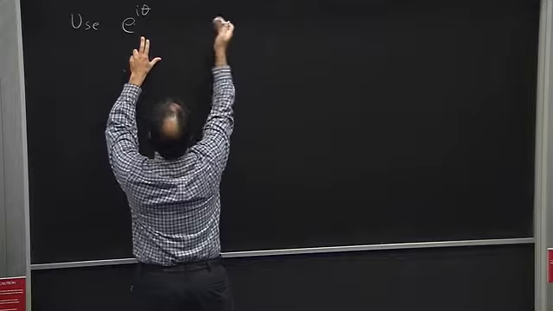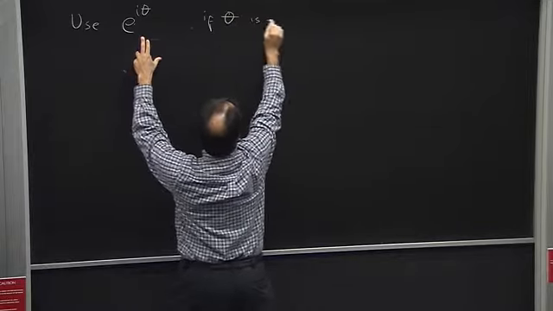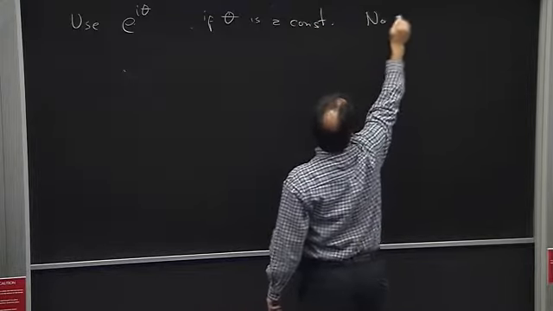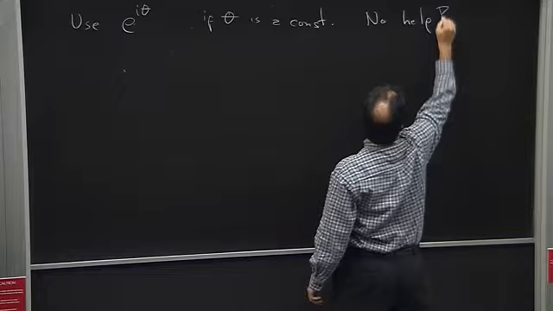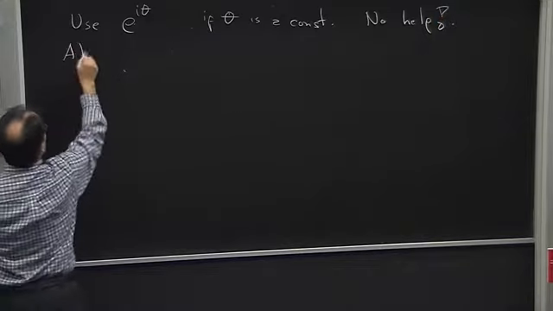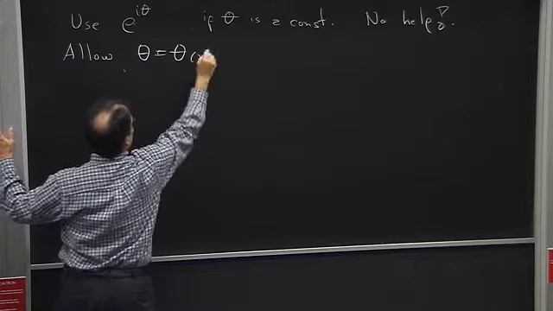Okay, so we said that if theta is a constant, then no help. Okay, so we should allow theta to be a function of x.